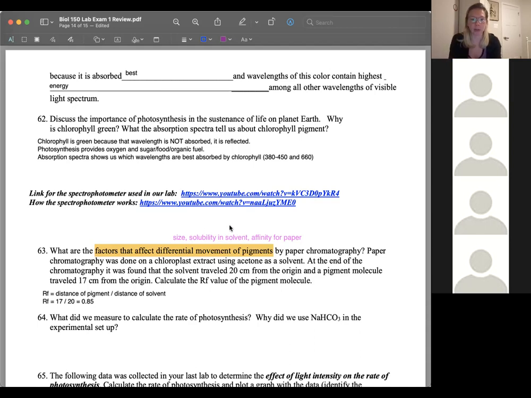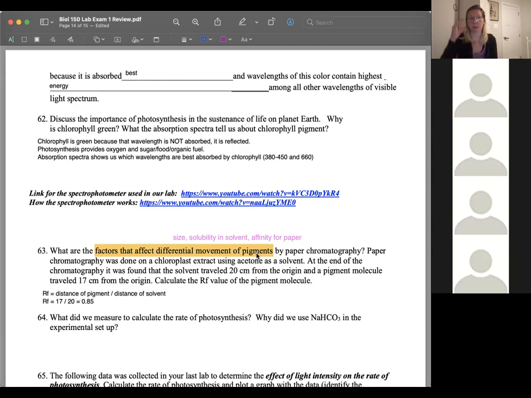So the solubility in the solvent determines whether it can get dragged up the paper or not. Because the pigments are non-polar, you want to use a non-polar solvent, so anything that's kind of like alcohol-based would be appropriate there. So that's what we mean by solubility in solvent.